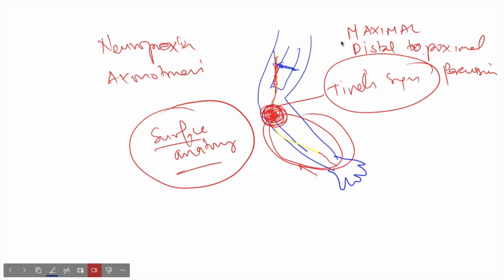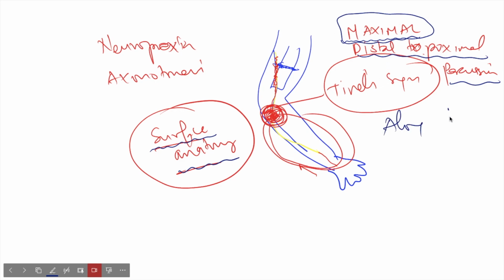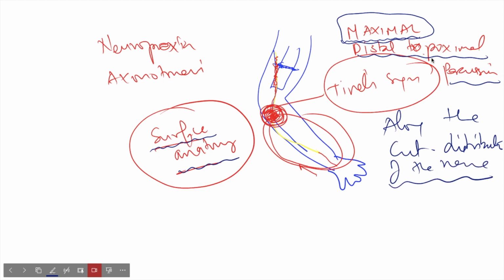So to repeat, percussing the nerve from distal to proximal along the surface anatomy or surface marking of the nerve, where there is a maximal current shock like sensation or maximal discomfort to the patient along the cutaneous distribution of the nerve, is called a Tinel sign, progressive Tinel sign.